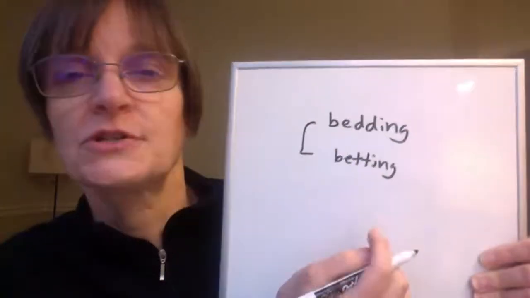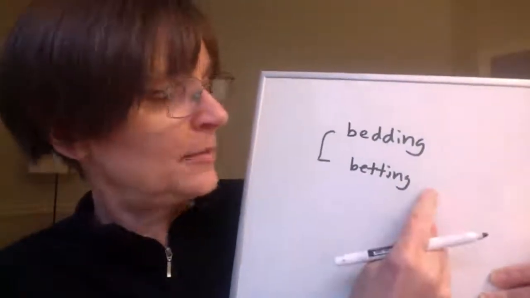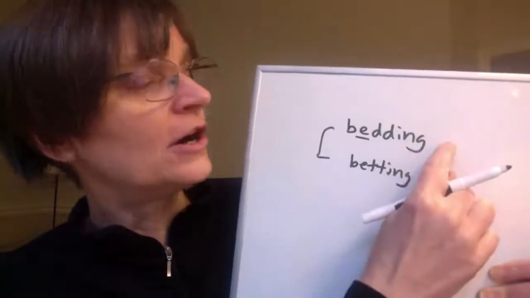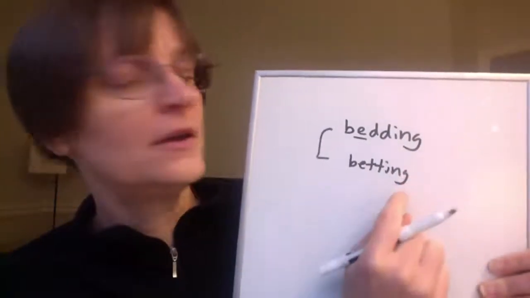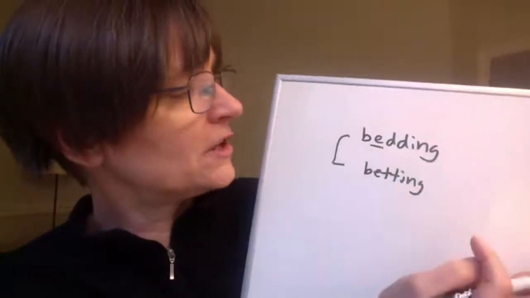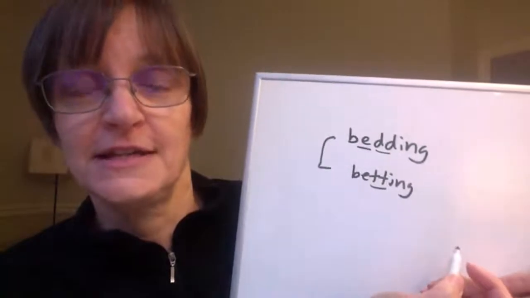In American English, these two words pretty much sound exactly the same. The only difference is that my vowel is a little bit longer. If I said the bedding on my bed versus I'm betting on that happening, my vowel is a little bit longer, but that doesn't really matter for how you're saying that T and that D.